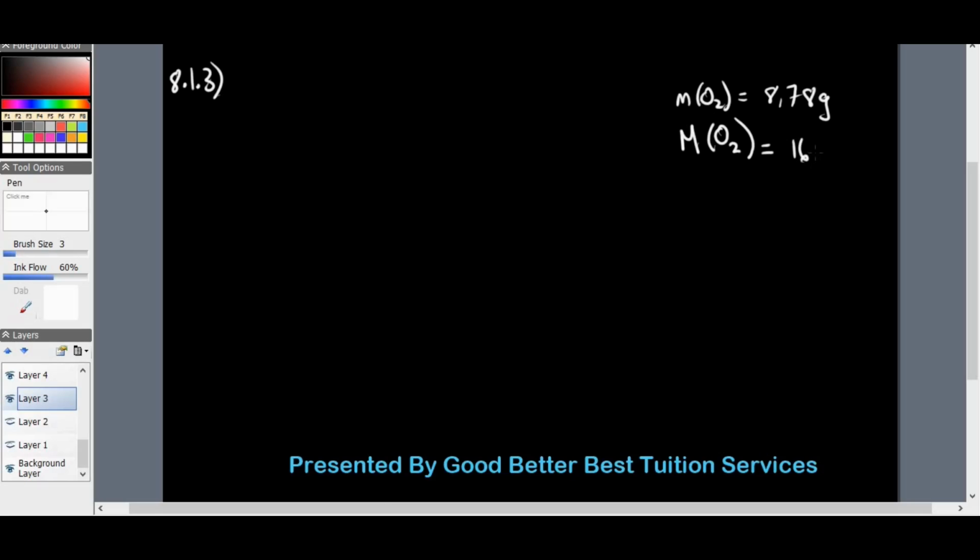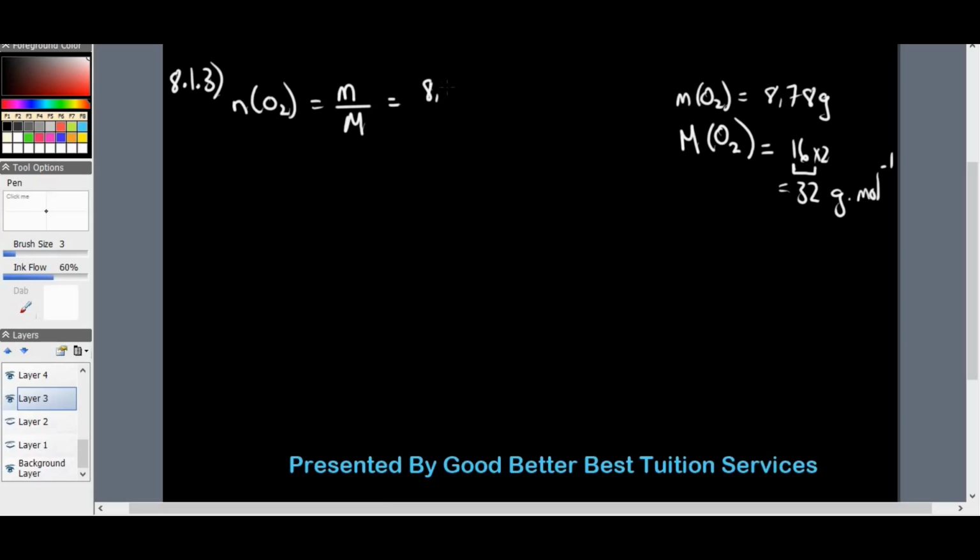That must be 16 times 2. That must give us 32 grams per mole. And this we can find on the periodic table. Okay? So now I want to work out the number of moles of oxygen first, because I have stuff to work it out with. So I got my formula, the mass over the molar mass of the substance.